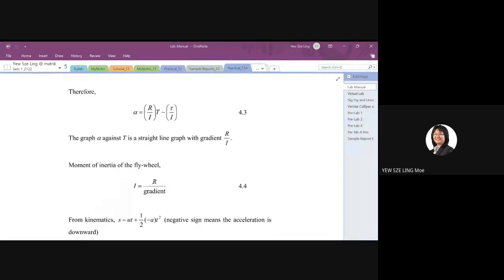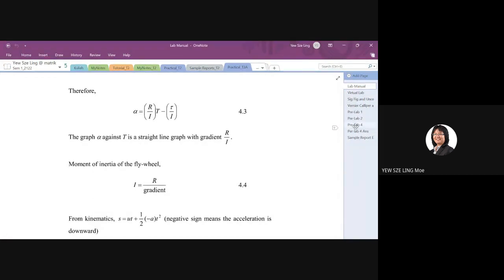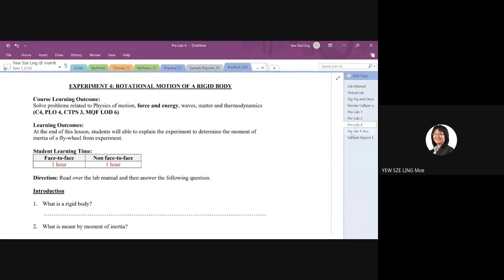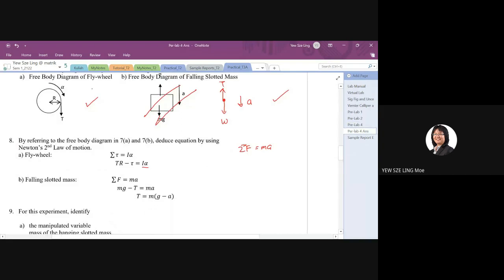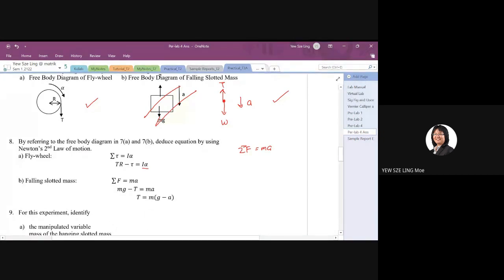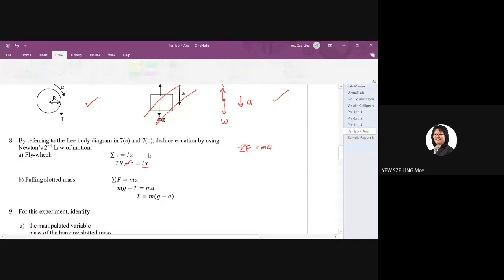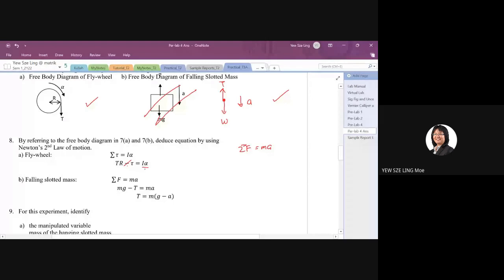Let's go back to the one just now. Basically, I think there is something wrong in the equation given. It shouldn't be TR minus torque. It should be just TR. So it should be TR equals I alpha. Basically, it's the same thing as what happens in chapter 4. You are looking at the force that causes the object to move.